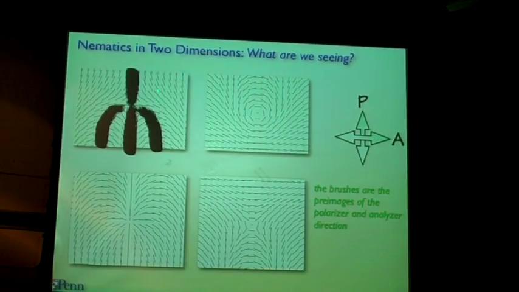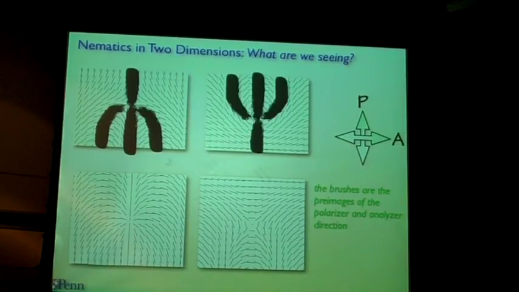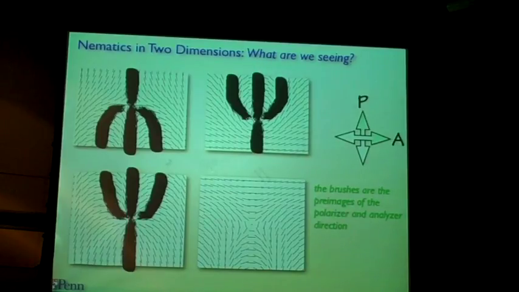I blackened out all the places where the molecules were along the polarizer or the analyzer. If they're along the polarizer, then nothing happens to the light. It comes out that way. If they're along the analyzer, nothing happens to the light, and you get black. And you can do this again for the other ones. And you get these brushes. Ooh, brushes.